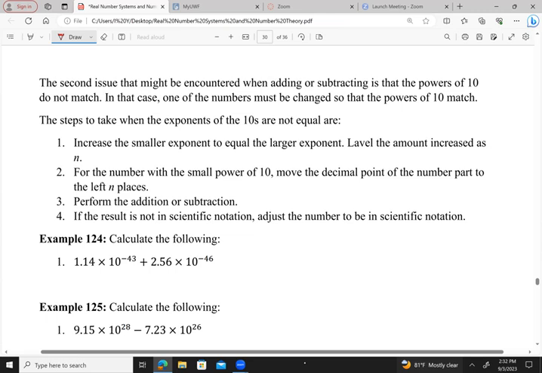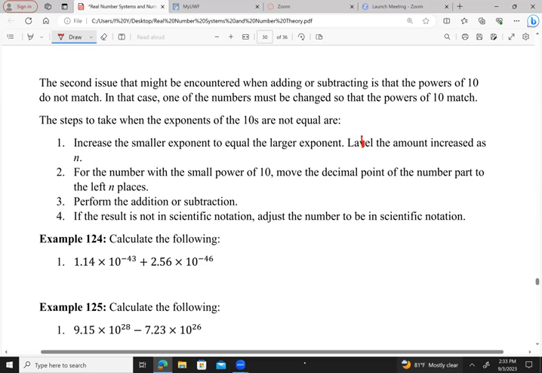Label the amount increased as n. For the number with the small power of 10, move the decimal point of the number part to the left n places. Perform the addition or subtraction. If the result is not in scientific notation, adjust the number to be in scientific notation.